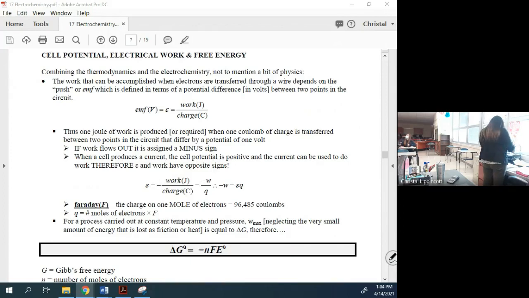Oh, I'm like, sorry. All right, so we are on page 7 in the packet. There we go. All on the same page now.